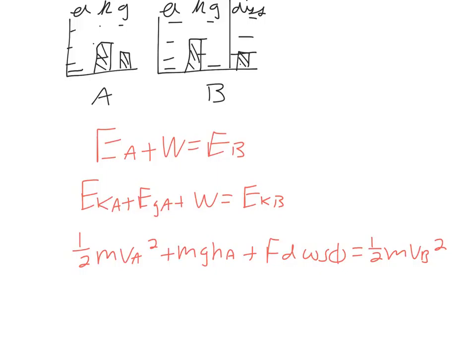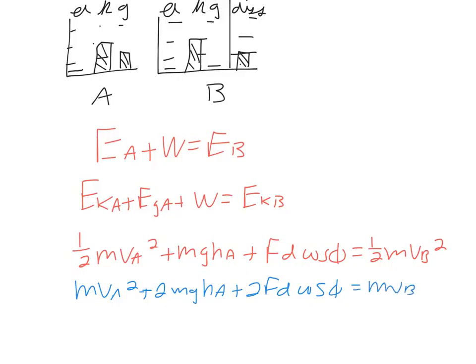I'm going to just get rid of the 1/2. So m VA squared plus 2mg height at A plus 2 FD cosine phi equals m VB squared.